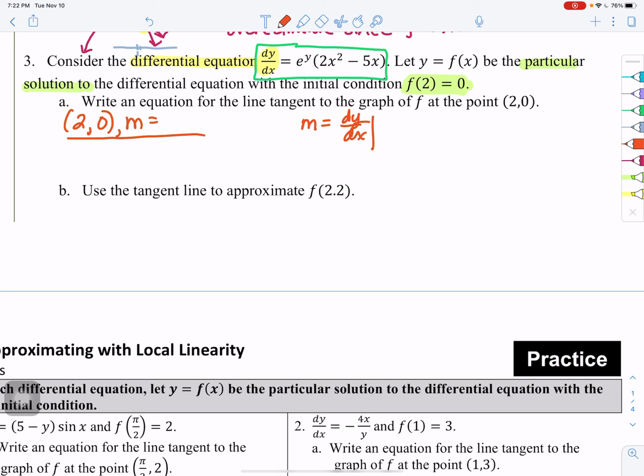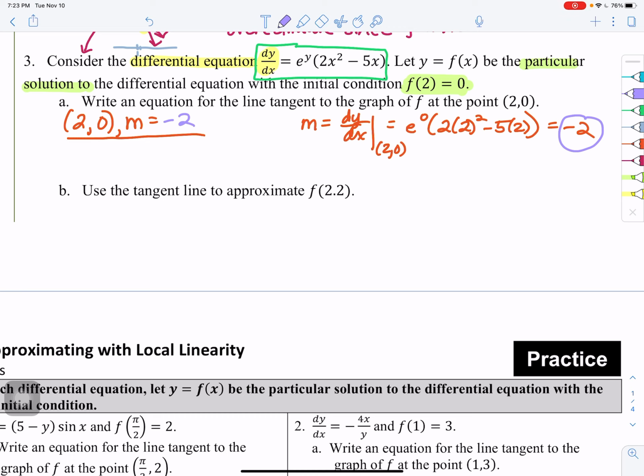And we're going to evaluate that at the point (2, 0). So it's e to the 0 times 2 times 2 squared minus 5 times 2. And if you multiply that out, you get a negative 2.